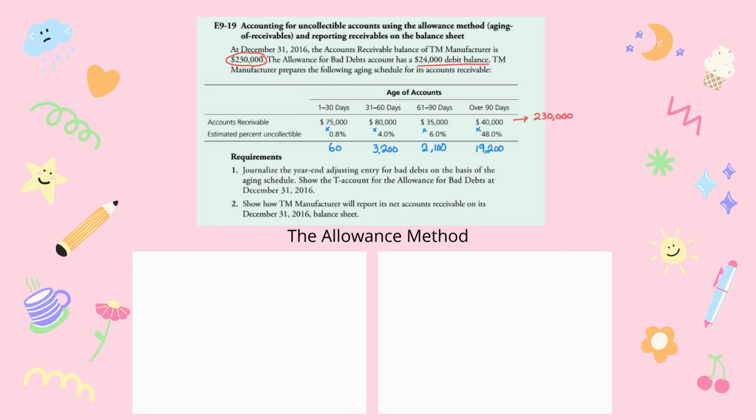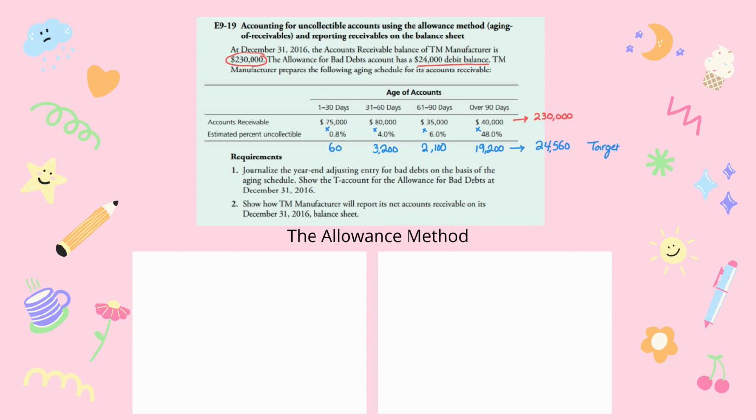So I need to add them up to get the target amount. 600 plus 3,200 plus 2,100 plus 19,200 is going to be 24,560. So this is the estimated amount to be uncollectable.